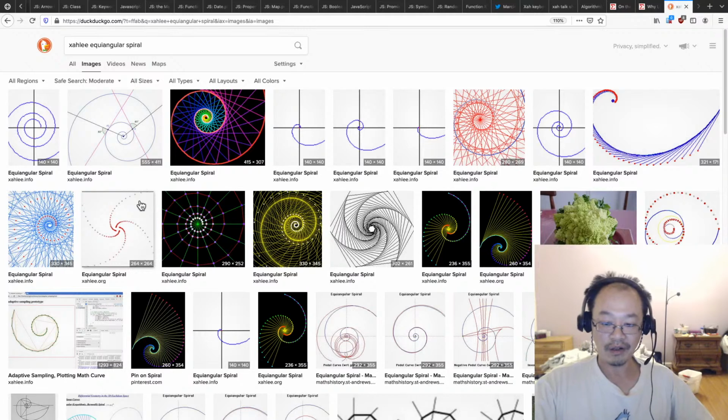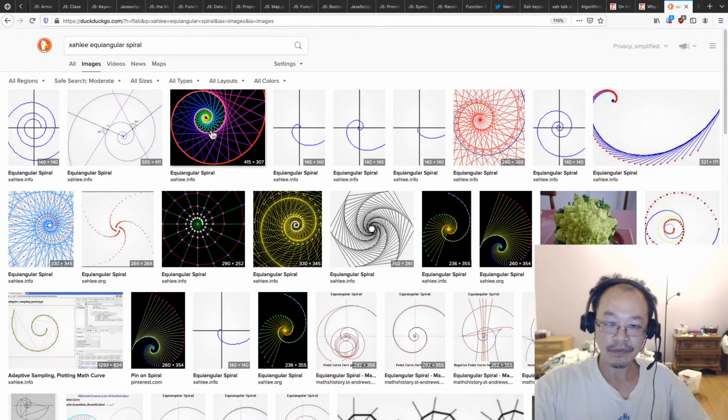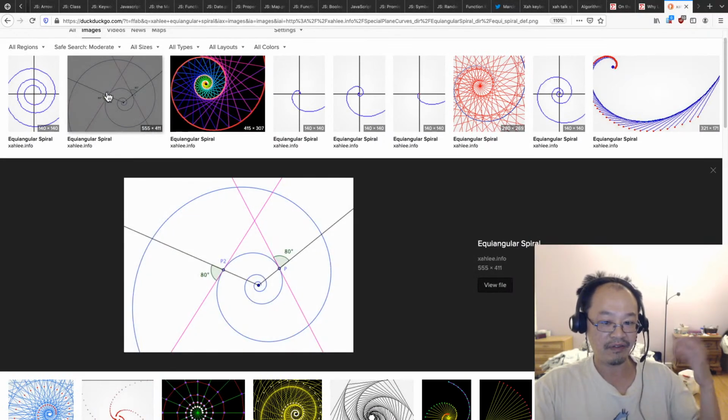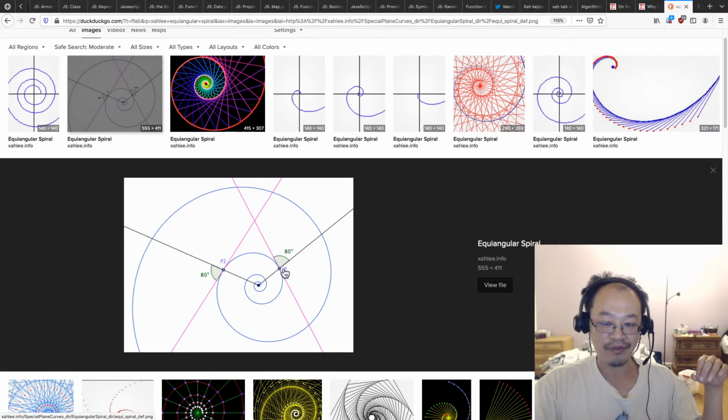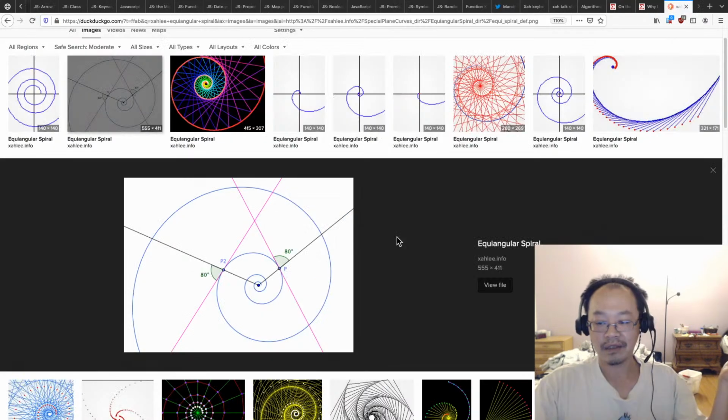The top two rows are all from my website. So why is it equal angular? Because they have a specific property. You see, the angle between a ray from the center and the tangent on the spiral is always the same angle, no matter which ray. That is why they are called equal angular spirals. Okay, let's go to the page.